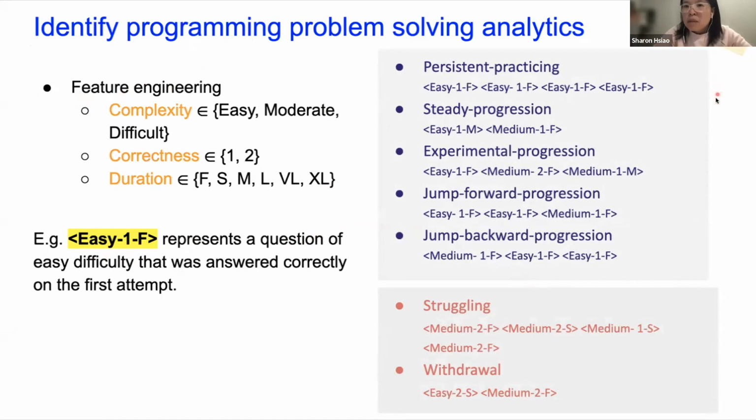For example, if you see 4 instances where students approach the easy problems, get them correct the first time, and again repeat the same types of problems, we see the persistence, that they are practicing this work. So this is just a snapshot of students' problem-solving strategies that could be detected.